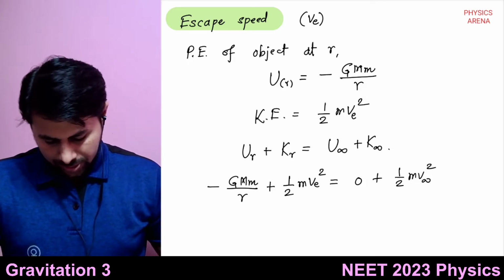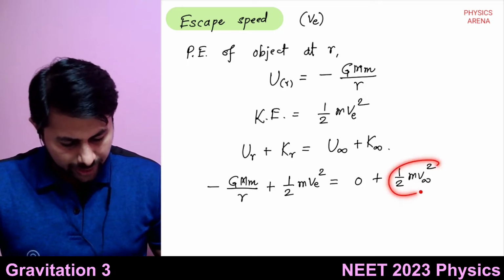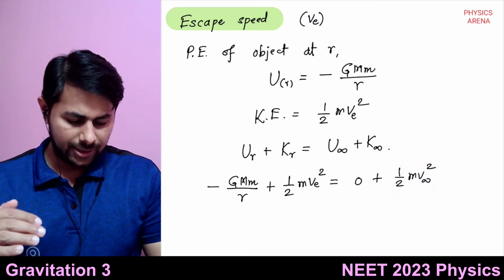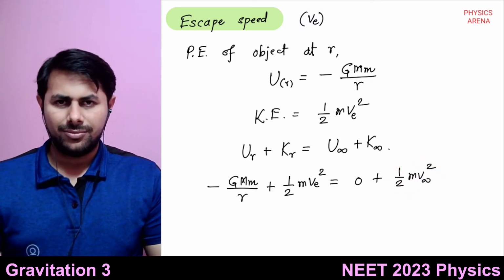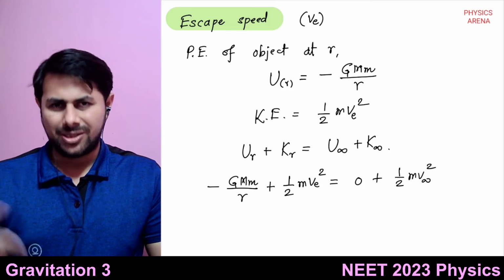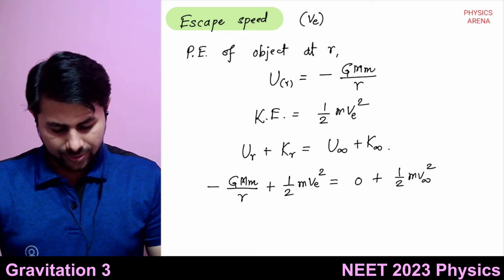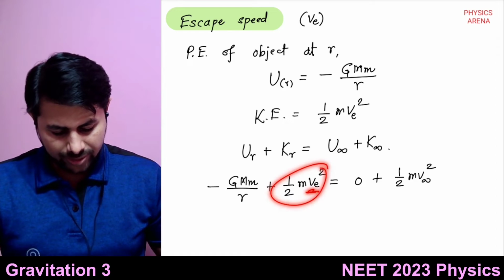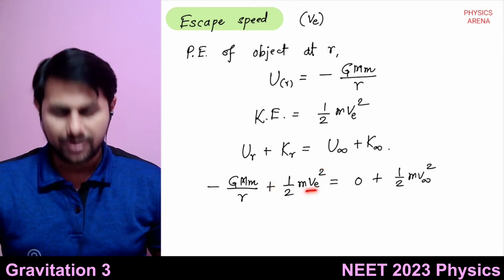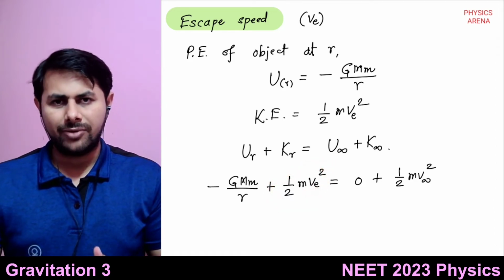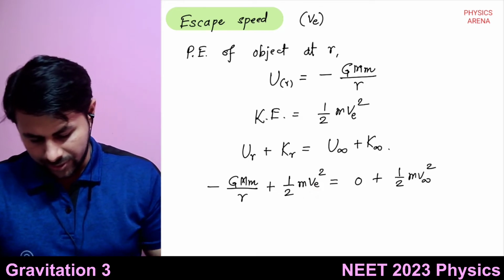Now v infinity can be at least 0; it will be 0 or greater than 0. So for the minimum value of this speed, v infinity will be equal to 0.